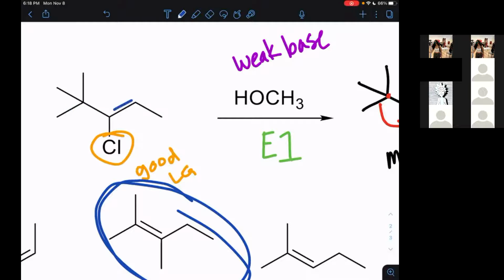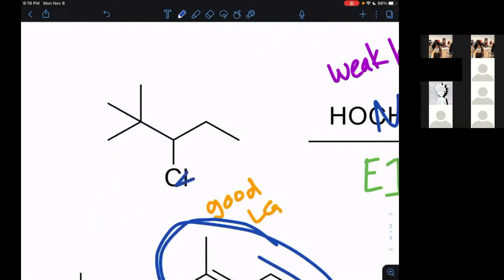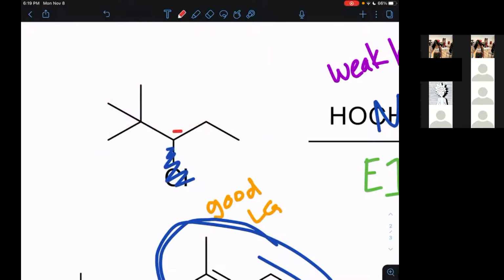Hypothetically, if this were NaOH, whatever, it would all happen in one step. It wouldn't be a carbocation rearrangement.